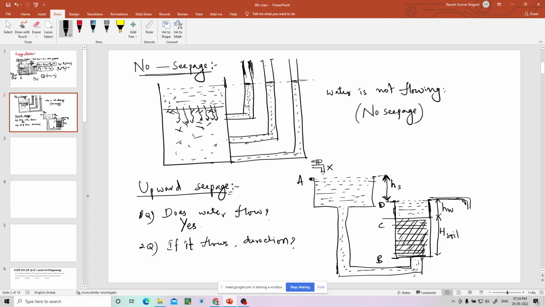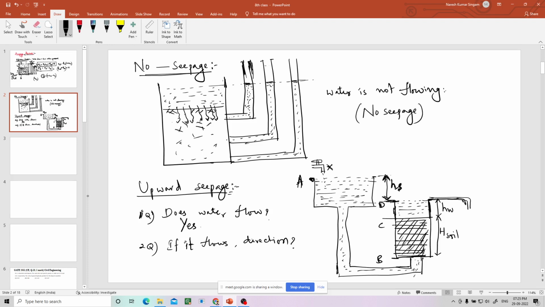The water level in this container, the left side, the A point container, flows until it reaches this D level. After that it will stop because they are at the same level. Now as we are giving continuous inlet and continuous outlet at this height, there is always head HS possible.